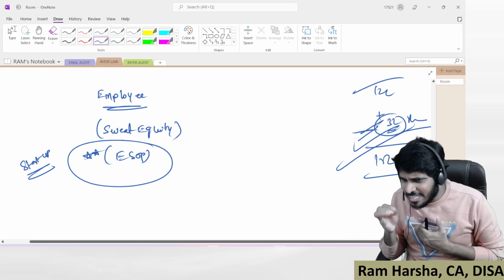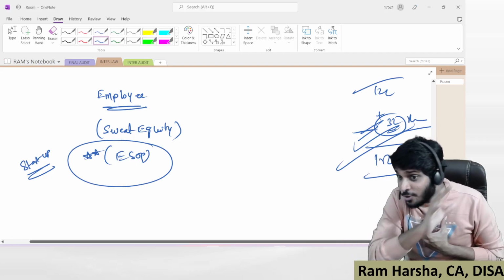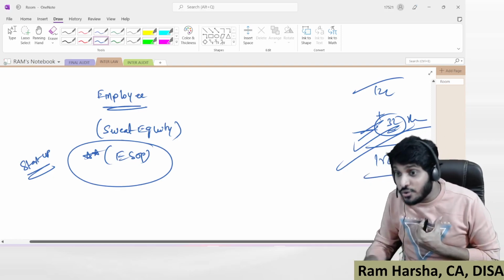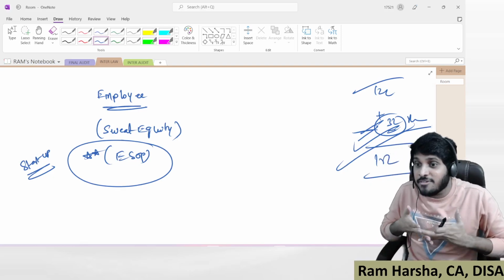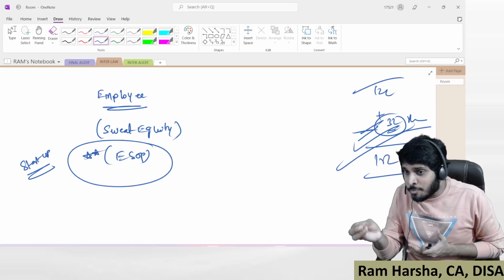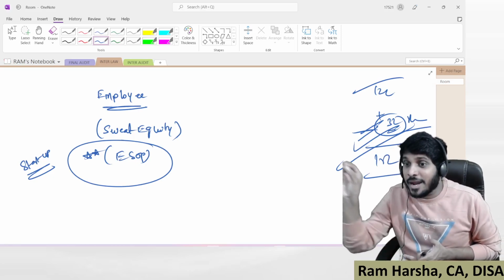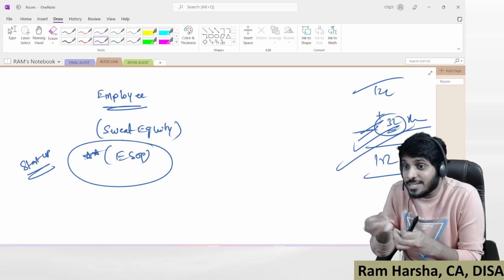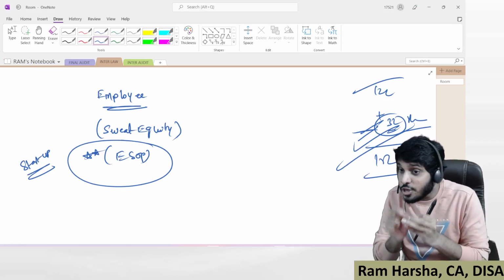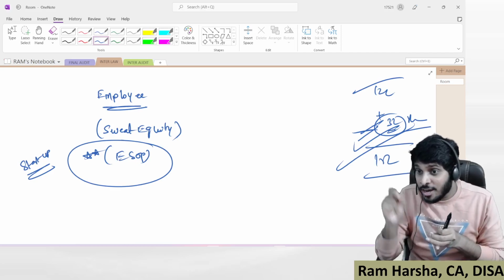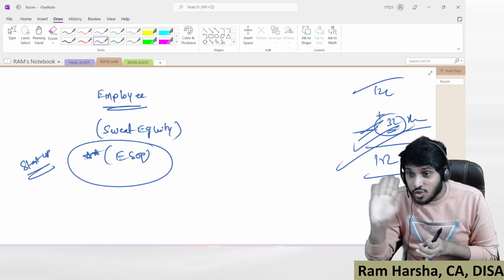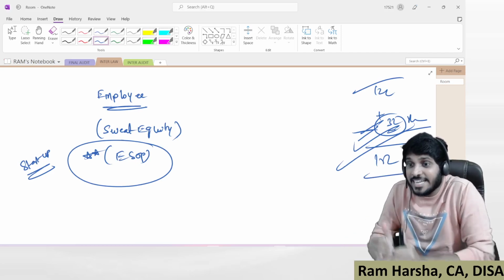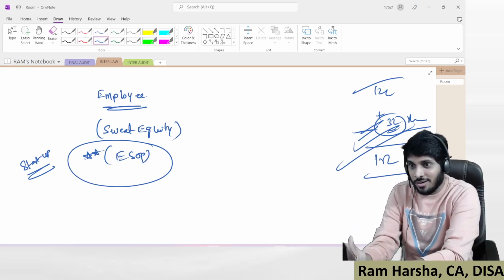Is my intention to bring him into the ownership? No. So the objective of issuing shares to this employee is not to bring him as a member, but to compensate his salary expenditure.